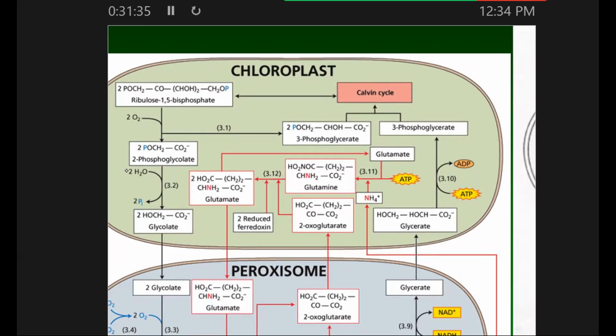Do the carbon counting on this diagram, and you convince yourself you have to run this twice in order to convert the phosphoglycolate to phosphoglycerate. And once you get that other phosphoglycerate, go ahead and put that into the Calvin cycle. That works.